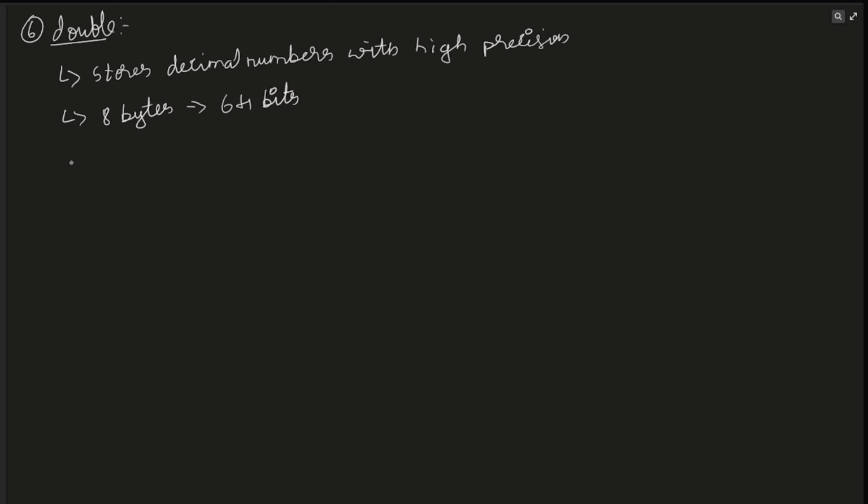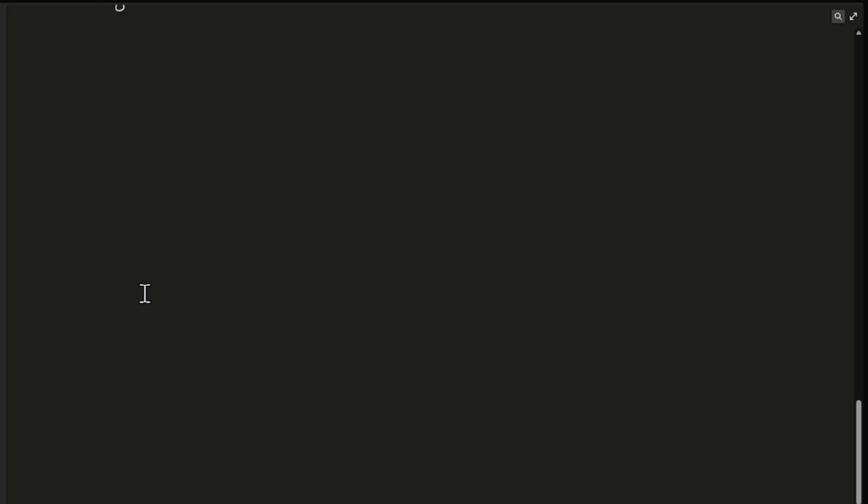In Java, whenever we want to store decimal numbers, double data type is the default choice. Examples of it could be a GST percentage or a bank balance, and so on.